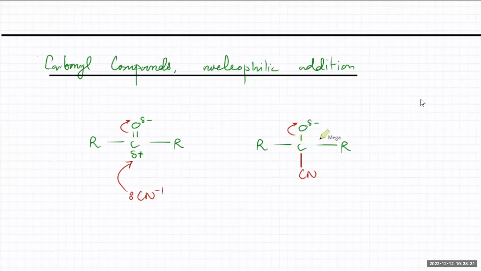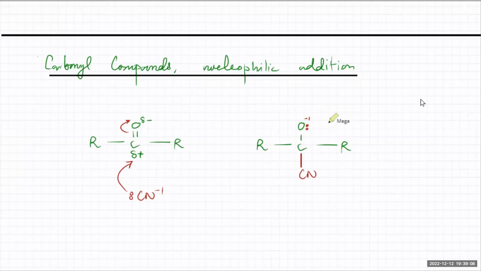So you no longer have a double bond. Instead, you have an oxygen. The electrons have been pushed upwards, and you've got a full negative charge now. So that is what has happened over here.